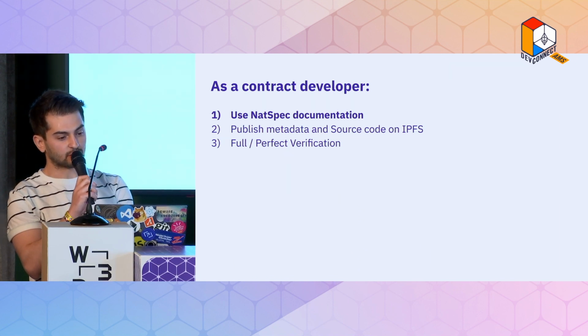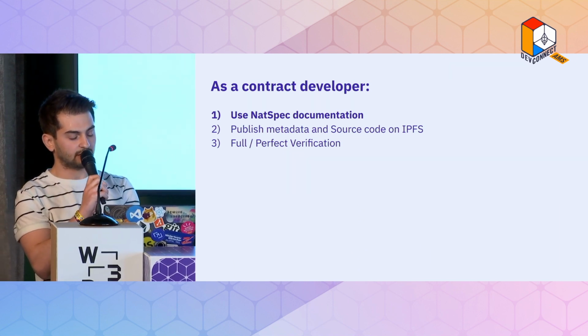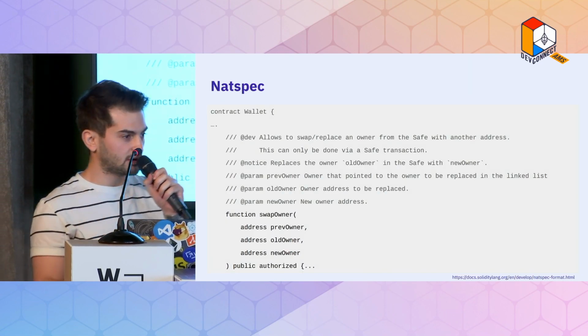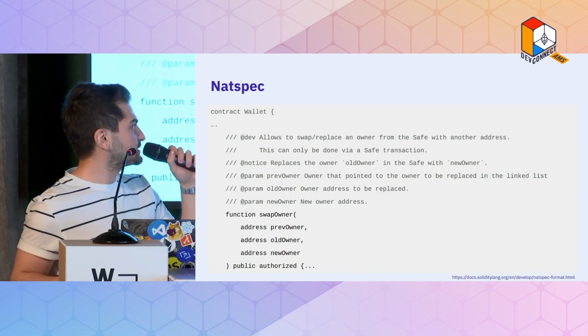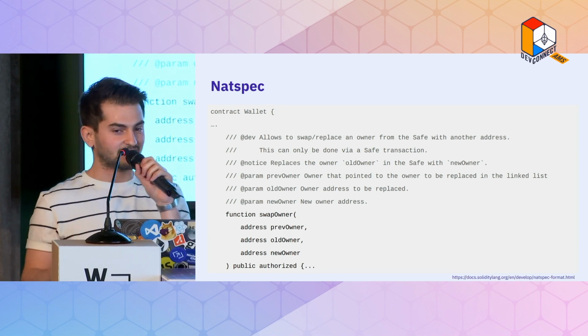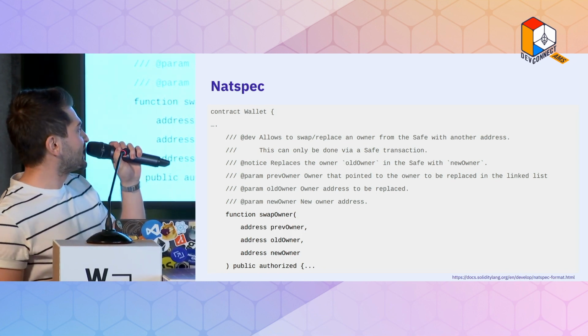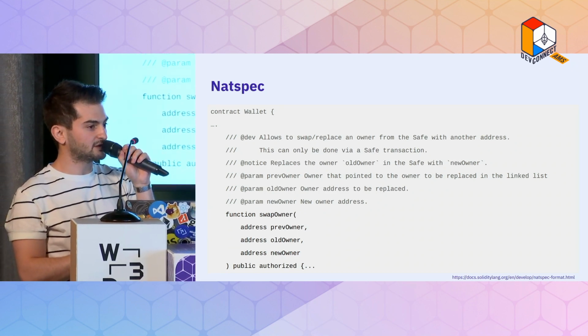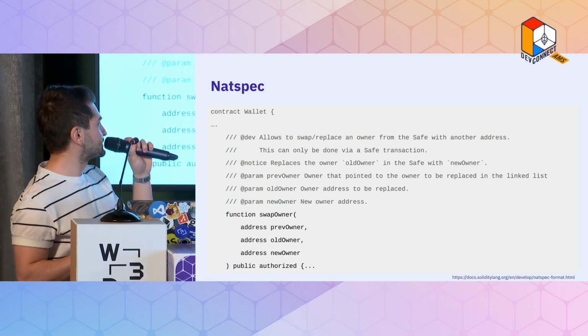First, as a contract developer, you can use the NatSpec documentation. If you are not familiar with this, I'll try to be as non-technical as possible. This is the Solidity standard for commenting and adding documentation to functions you call.